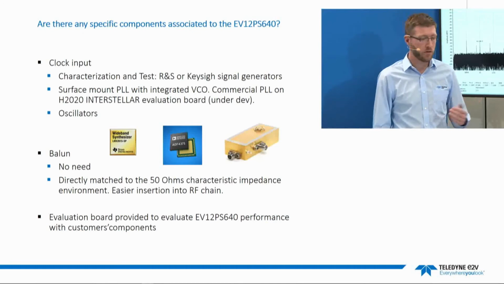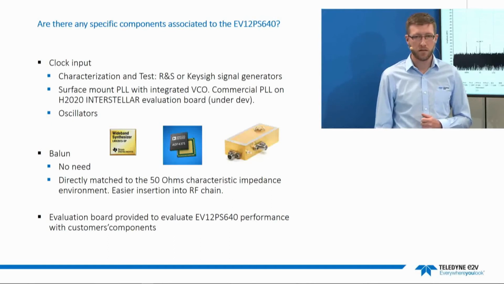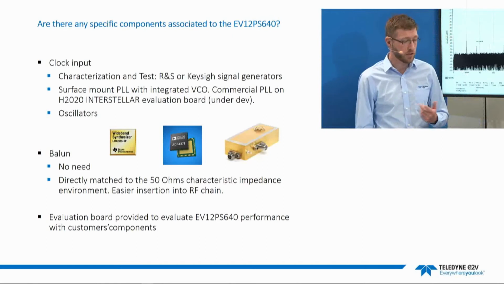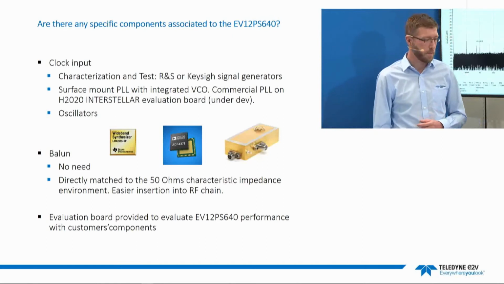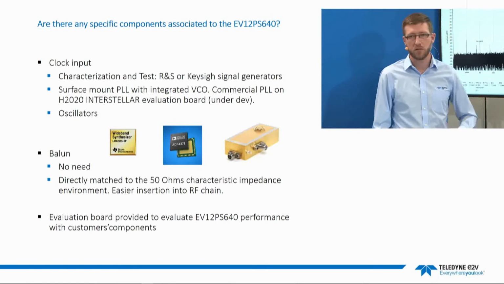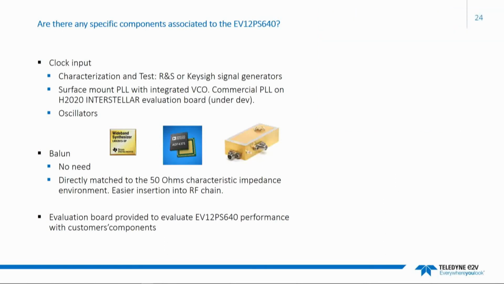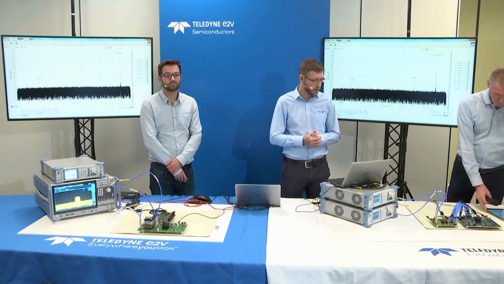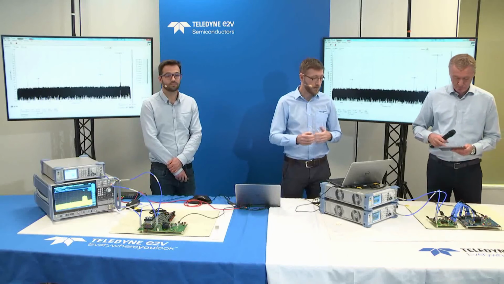For the first time, we are introducing a device with a single-ended input in order to facilitate the matching to the 50 ohm classical characteristic impedance of RF systems, especially at such high frequencies, in which the device is working up to the Ka band. Most of the devices available in the front end are single-ended. So this is the equipment and materials that are needed.